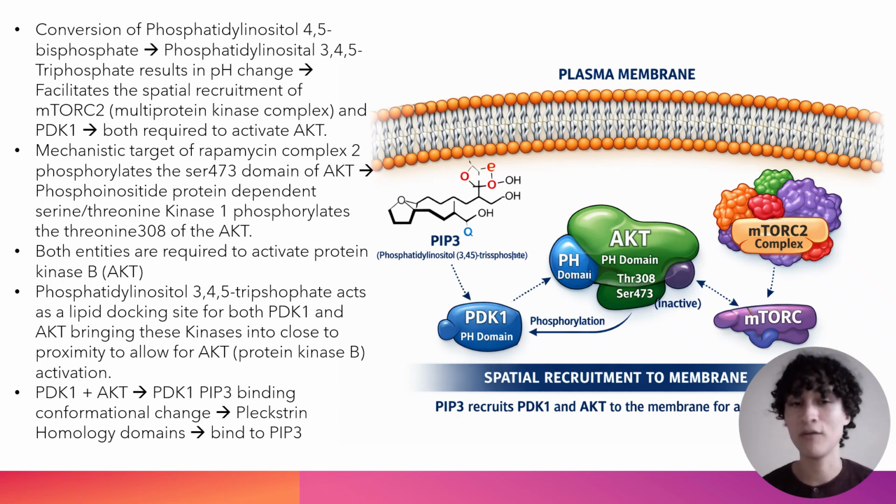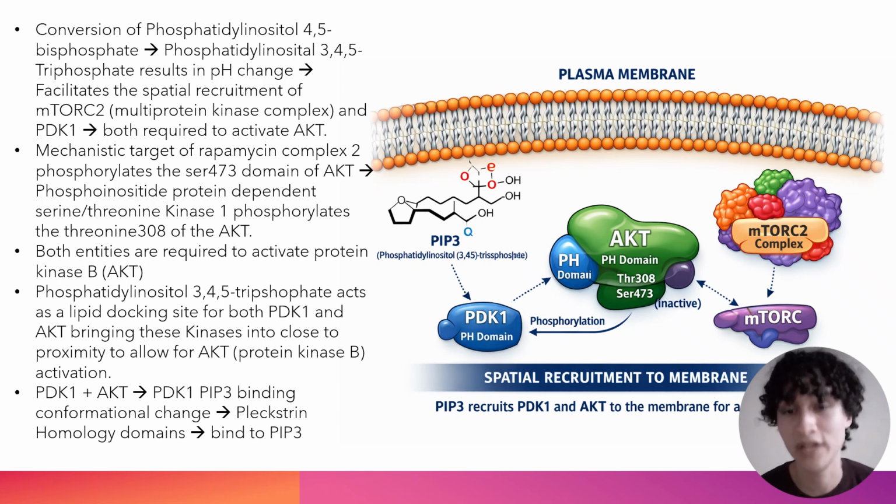But of course, when they're in close proximity, and when protein kinase B has also migrated to that plasma membrane, that PDK1 and your mTORC2 complex is able to phosphorylate your protein kinase B and activate it. Now, as I said before, it's really important both entities are required to activate this protein kinase B. So the mTOR complex will phosphorylate the serine domain of the protein kinase B, because remember, kinases have serine threonine domains.